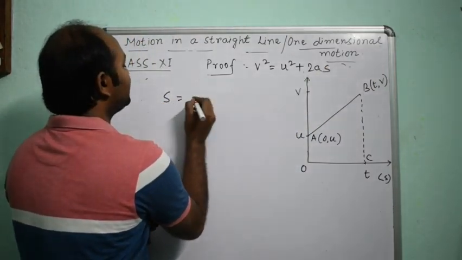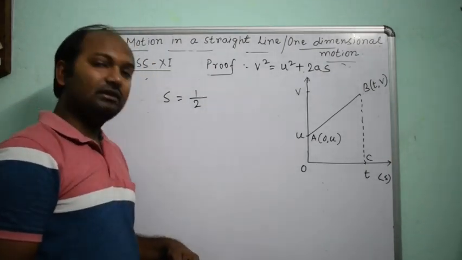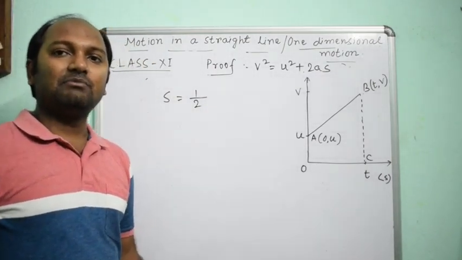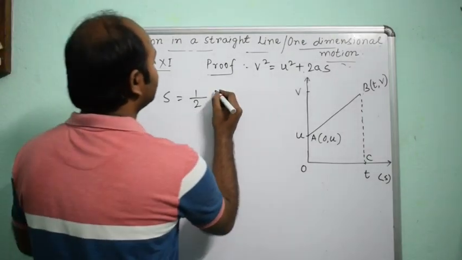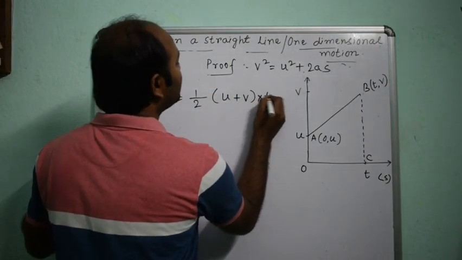So S means area. For the previous equation we saw this, and in the same way we will proceed, and it will be half into u plus v into t.